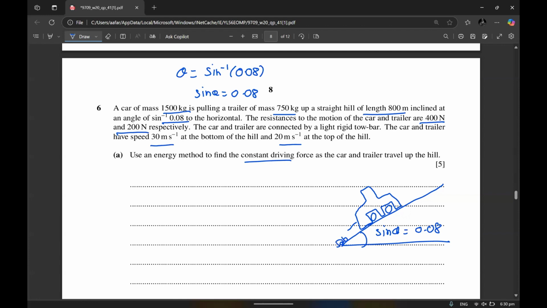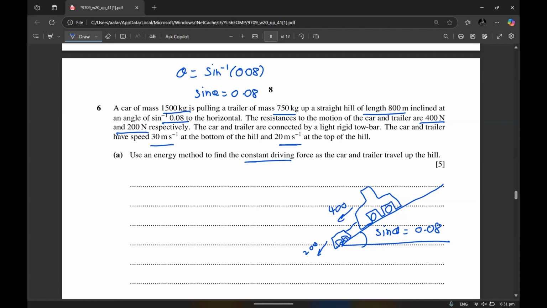The resistance to the trailer is 200, and the resistance to the car is 400. And then they've given us the change in speed. I'll solve that, but we're probably going to be tight on time, so let's see, inshallah. If not in this class, I can solve it later, and I'll record it.